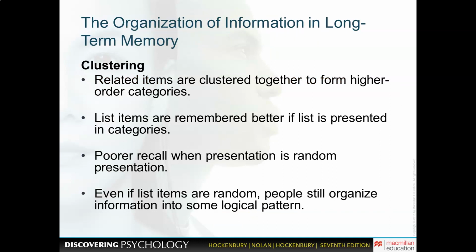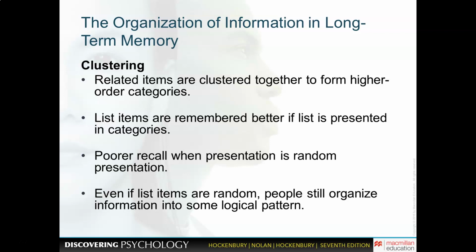So how do we organize information into our long-term memory? One method is what we know as clustering. That's basically when we put related items together, and we will actually practice that in the next slide.